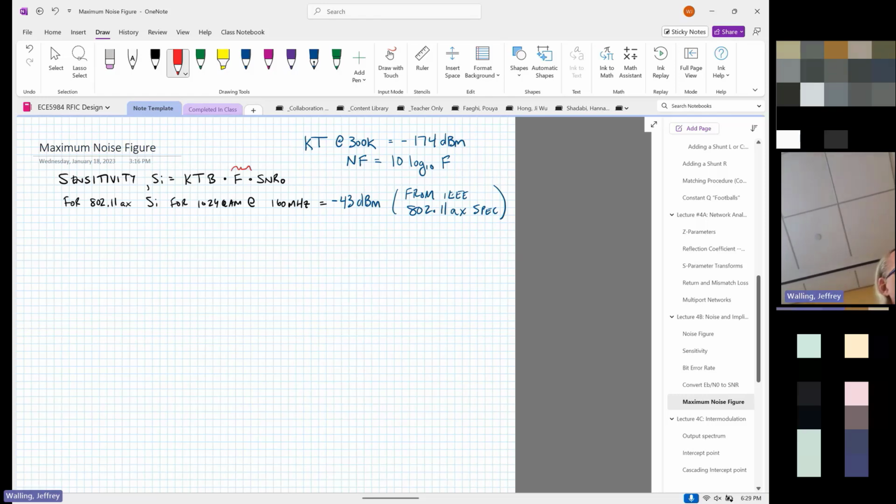All right, so let's put everything together. Our sensitivity in dB is equal to KT in dB plus 10 log 10 of the bandwidth, so we're multiplying the noise spectral density by the bandwidth, and I should say this is KT in dBm technically.